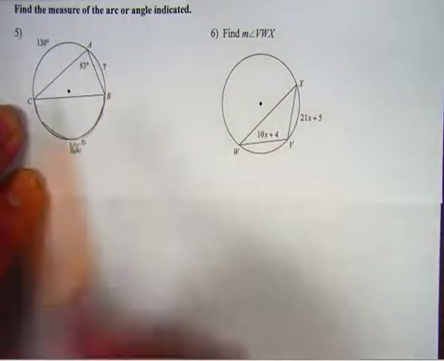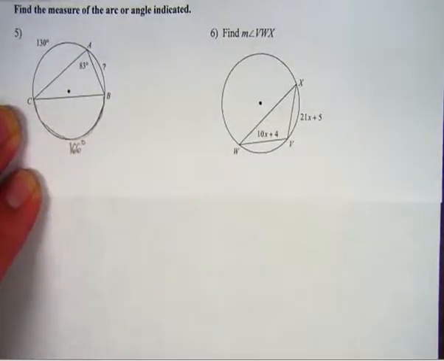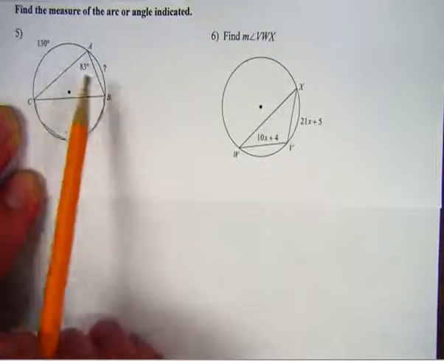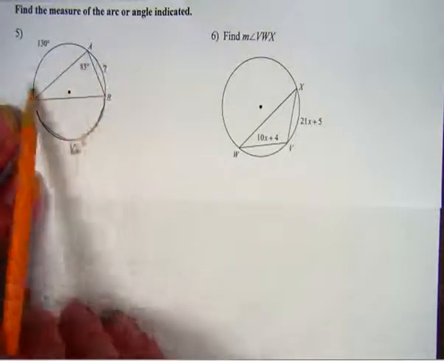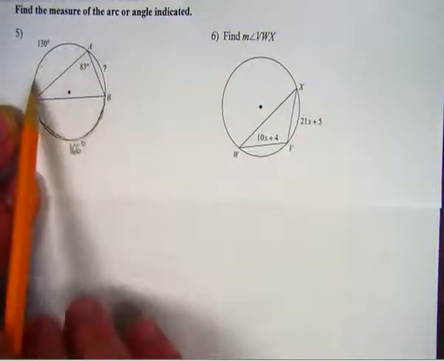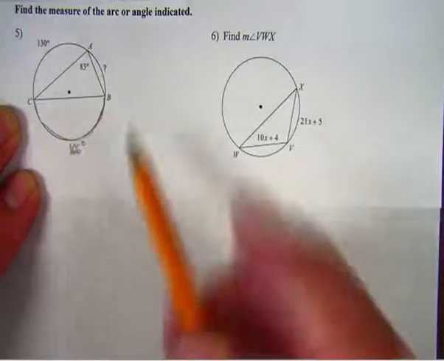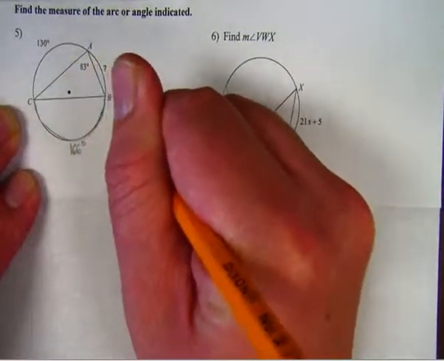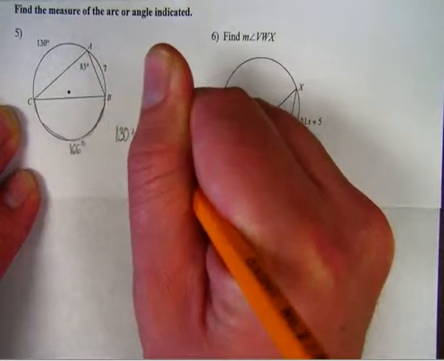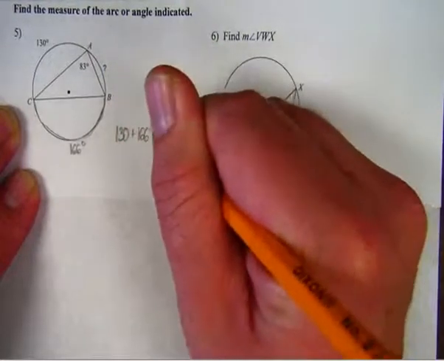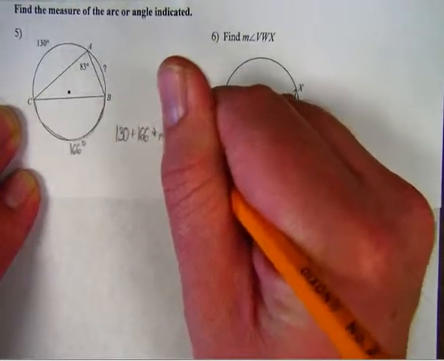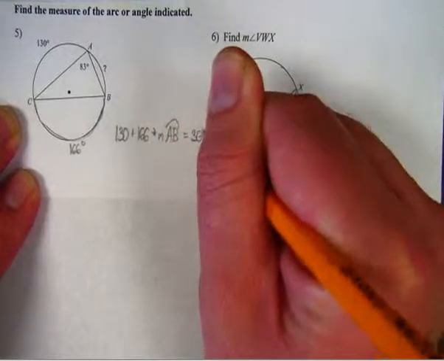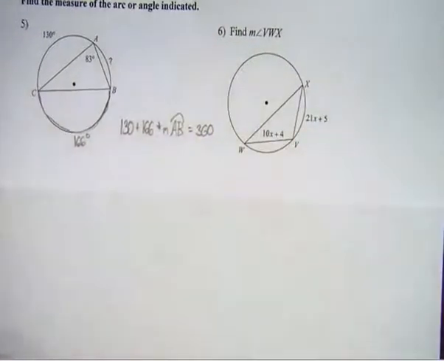So that still leaves me with the question of what is the measure of arc AB. Now I can add another piece of information I know. All the angle measures in a circle have to add up to 360. So if I take 130 plus 166 plus the measure of arc AB, that has to add up to 360 degrees.